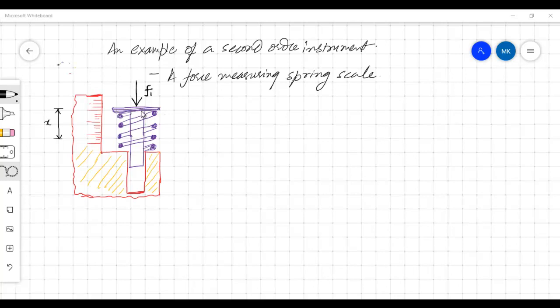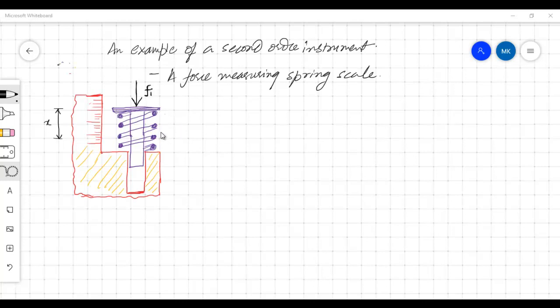Because of this force, this would compress and then extend back upwards, and as per the force it would stop at a point which is calibrated to give the amount of force being applied. Now this force obviously could also vary.